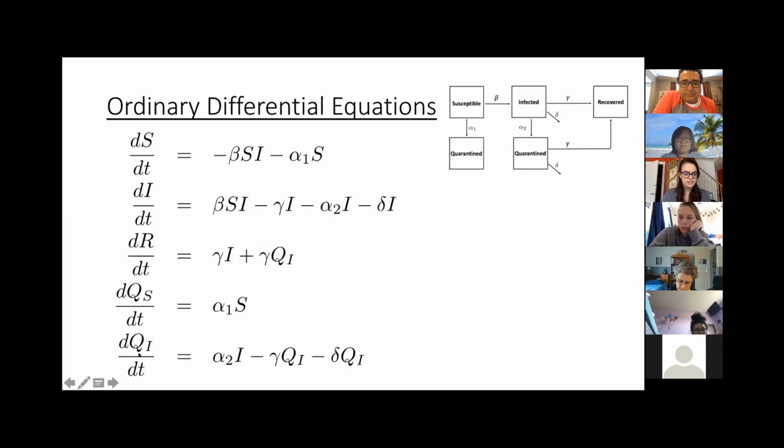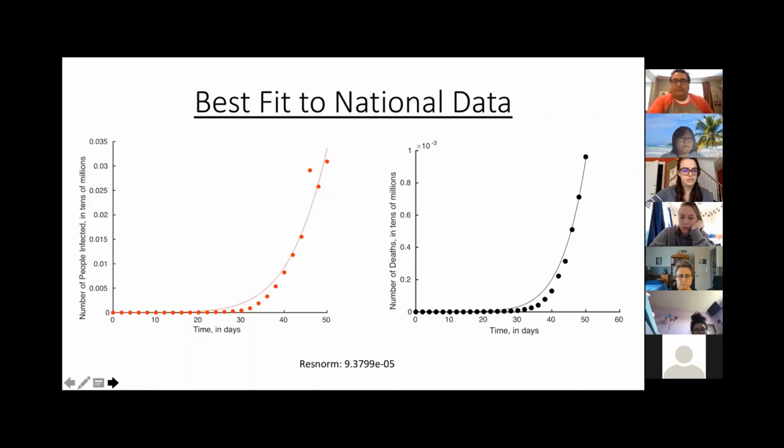So I fit this to national data starting on February 15th. Day 0 for both of these is February 15th, and it runs until April 5th, which is my last data point. What you see in the red dots is the data that I was able to get.